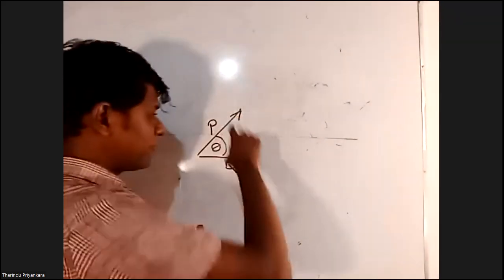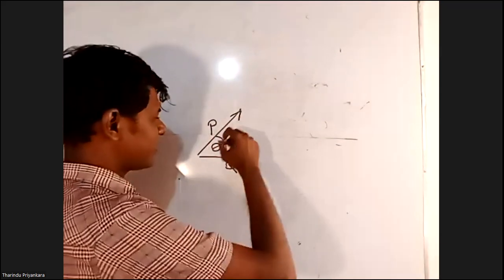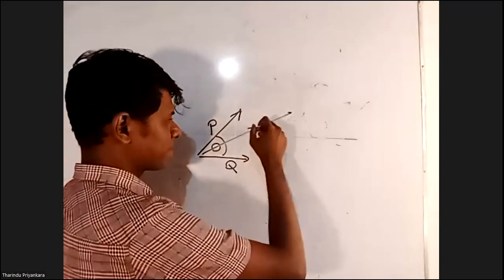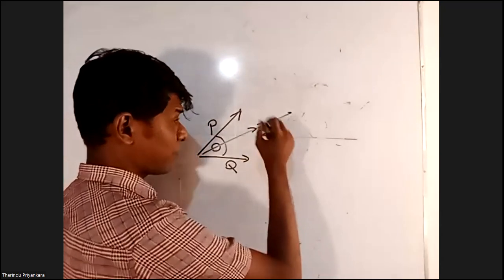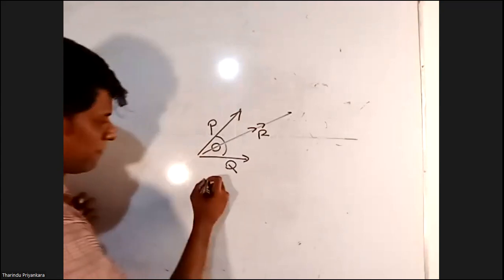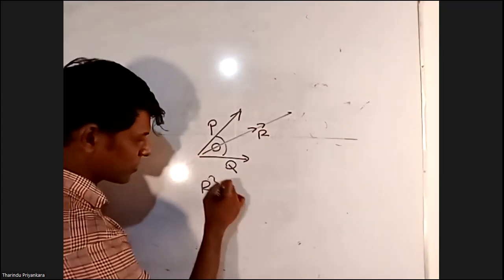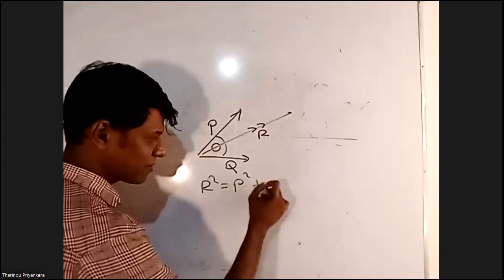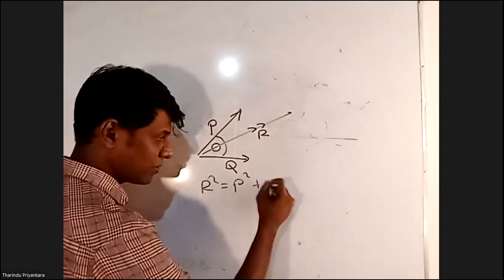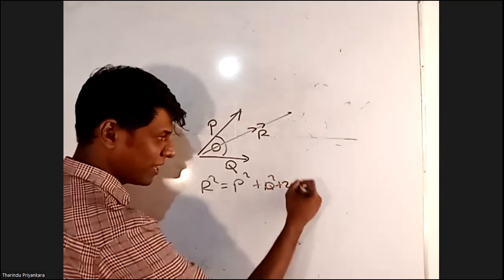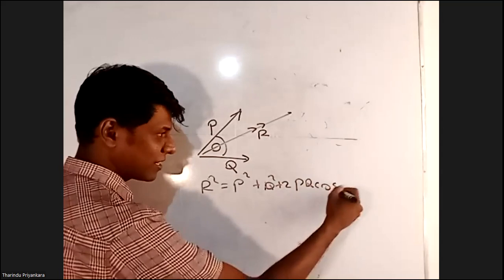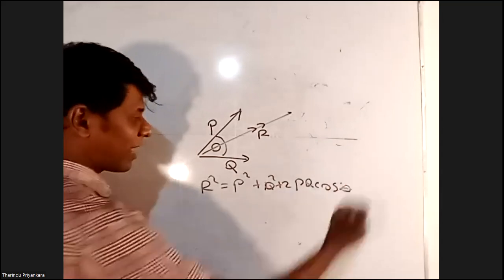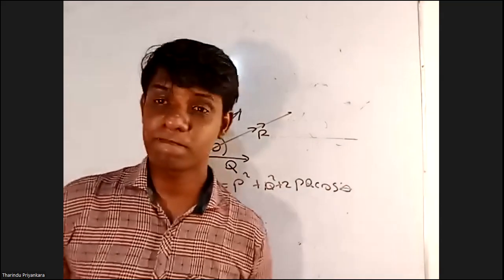So between P and Q, how to find out the resultant? We used to know this one. The resultant force: how? We had the equation R square equals P square plus Q square plus 2PQ cos theta. This is what I had as the equation.